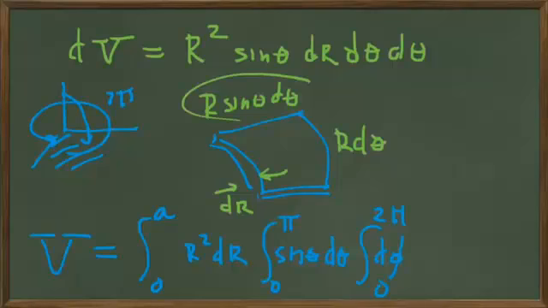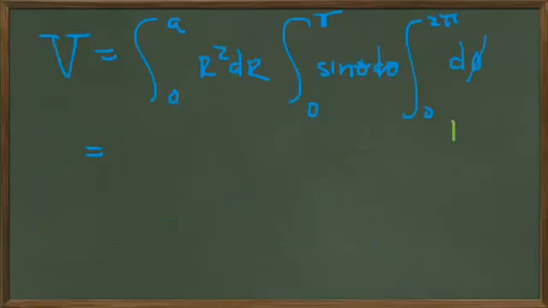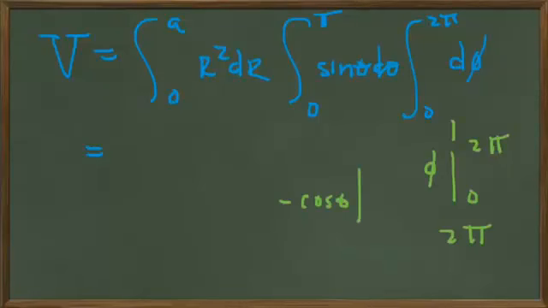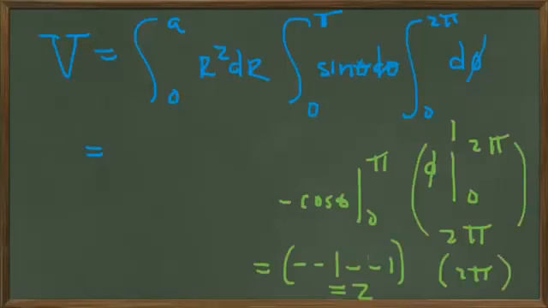So if we pick that up on the next blackboard, we get phi between 0 and 2 pi, which is just a 2 pi. We integrate sine theta and get minus cosine theta, and when we integrate that between 0 and pi, we get minus of minus 1, since cosine of pi is minus 1, and then we're subtracting cosine of 0, which is 1, but because of the minus sign, there's a minus sign here.